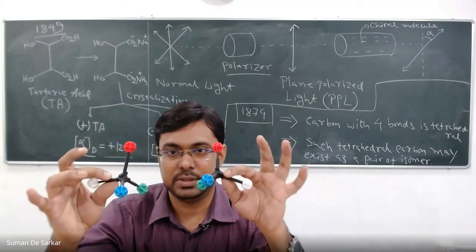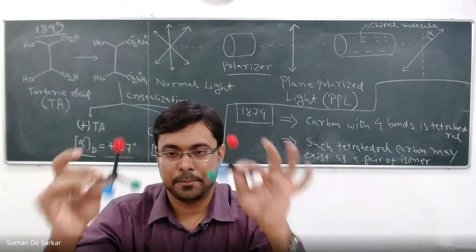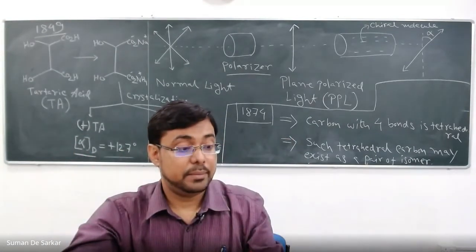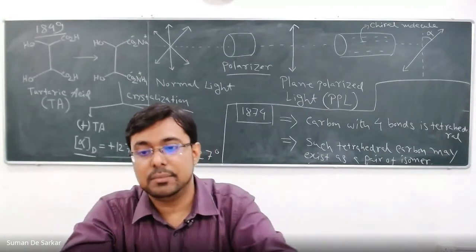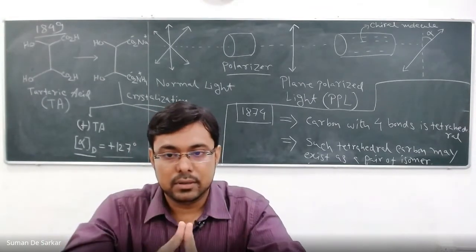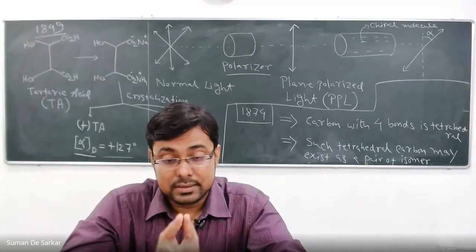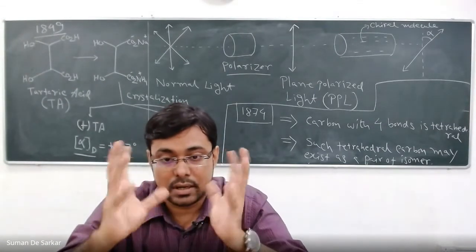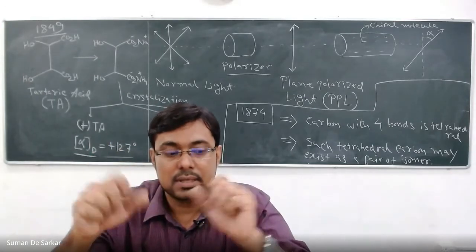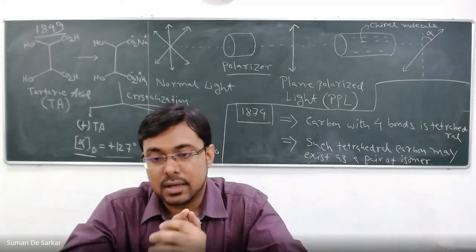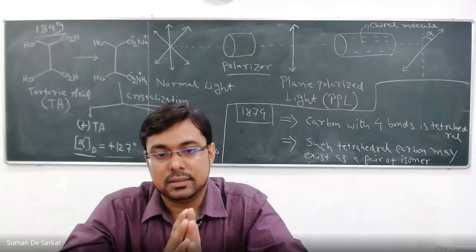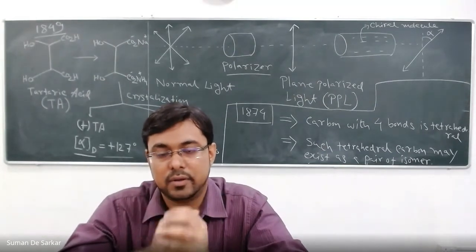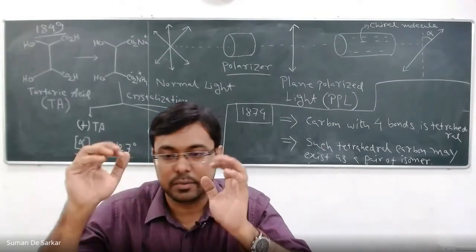These two are mirror images and these two are not the same. So that is the very basic principle of organic stereochemistry. That means carbon with tetrahedral geometry is the origin. Because of the different orientation of the atoms around this tetrahedron, it generates different isomers. And that's the origin of stereochemistry, all the properties, all the phenomena, everything.